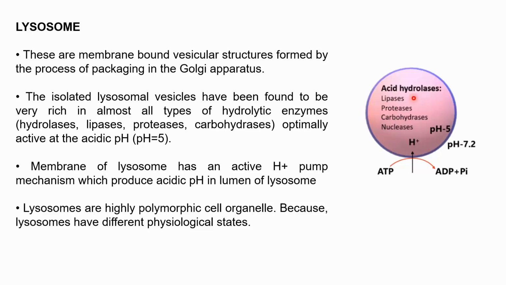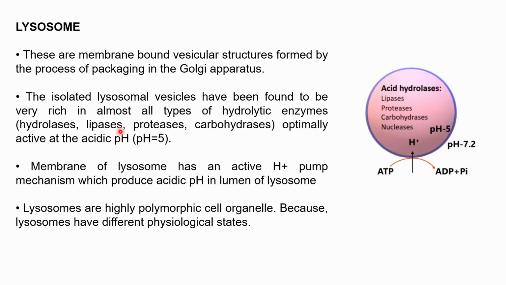For example, lipases, which break down lipids, proteases that break down proteins, carbohydrases that break down carbohydrates, and nucleases that break down nucleic acids, that is DNA and RNA. The isolated lysosomal vesicles have been found to be very rich in almost all types of hydrolytic enzymes.